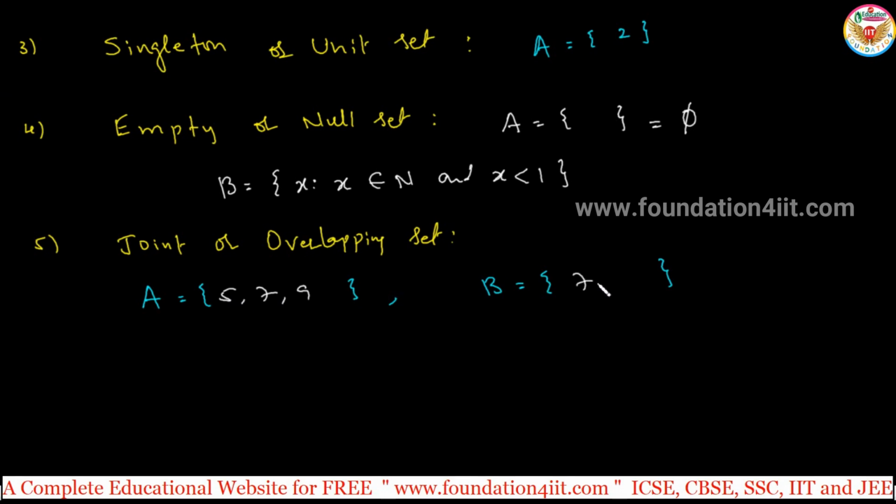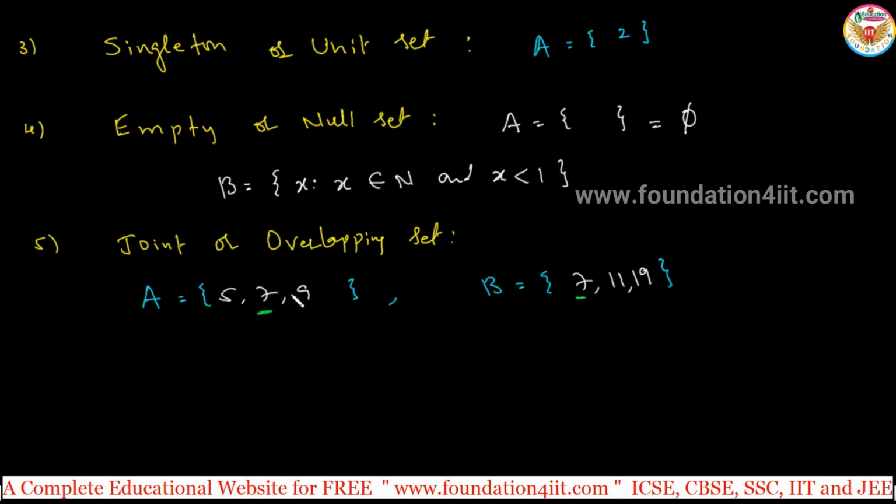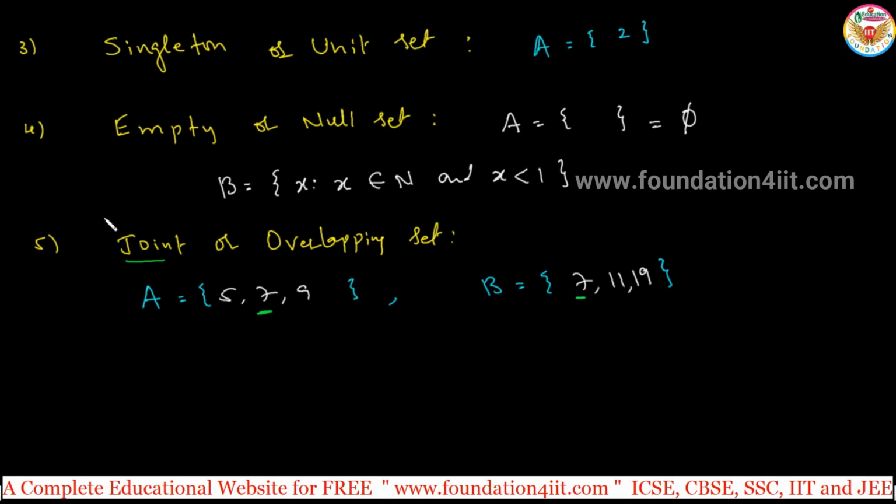Set B has 7, 11, 19. So these two sets have a common element. At least one should be common, 7 and 7. Even if more than one, no problem. There must be at least one element in common in both the sets. Then we can call them joint or overlapping sets.